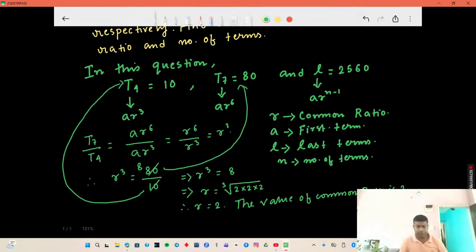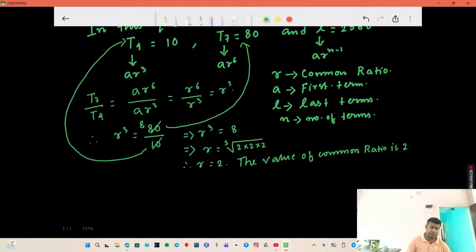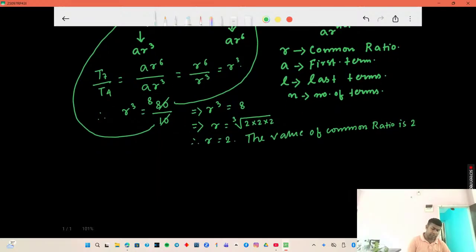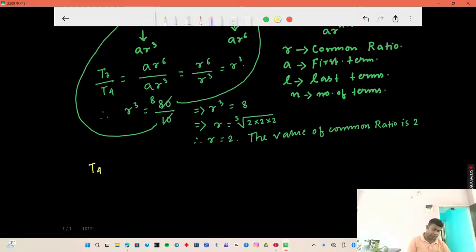So now how can we find the first term? In order to find the first term, we just have to find the value of A. Is it clear? So how can we find the value of A? Here in the question it is given that the fourth term is 10. So we can write T4 is equal to 10.